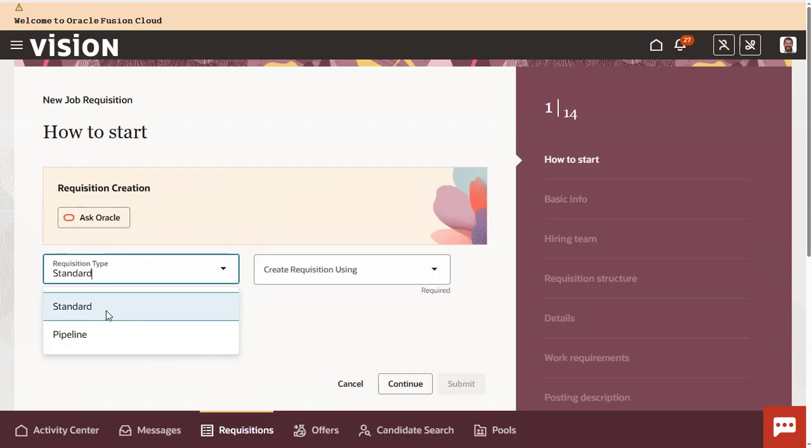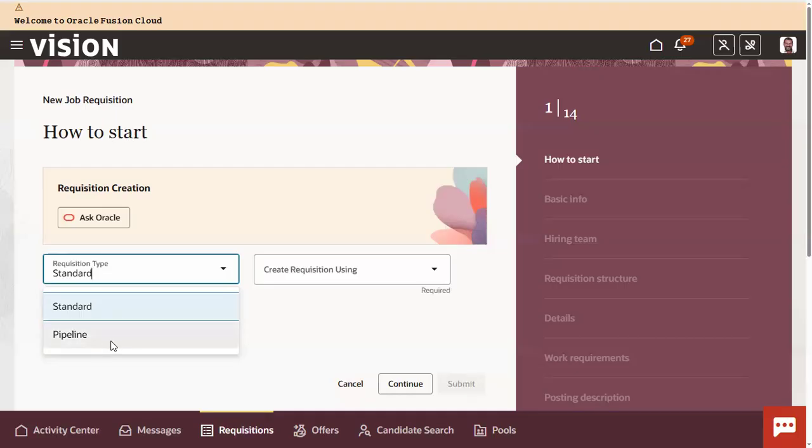For example, if we get a requirement today, there is no need to rush into posting today because we already posted and it's a pipeline. Pipeline means it's already happening, people are applying, and that information is in our talent pool. We can directly access this information from the talent pool and start a recruiting process. That's the difference between standard and pipeline.